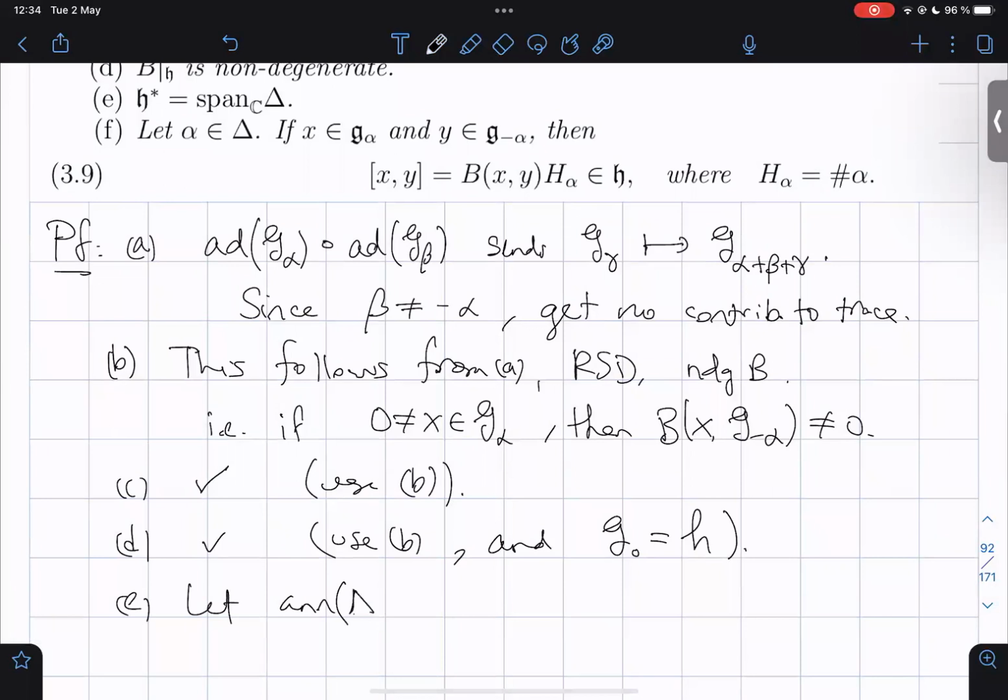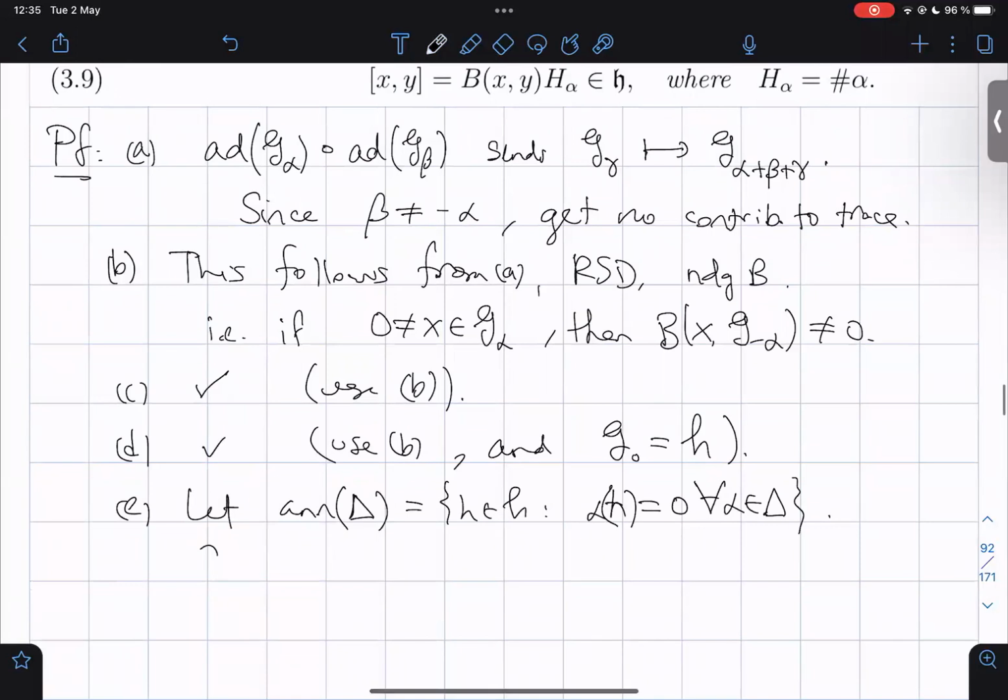Delta is a bunch of things in H star, so we can take its annihilator: those H's that are 0 when paired with any root.